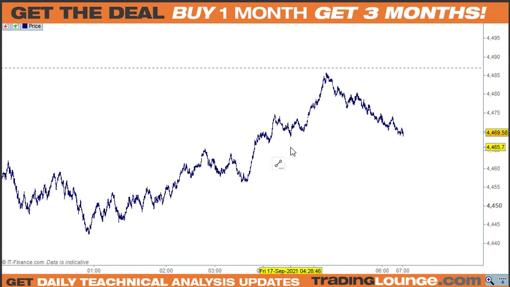I can see that we've got 1, 2, 3, 1, 2, 3, 1, 2, 3, 4, 5. So we've got 5 waves here. That's 5 waves to that point. So this is 1, 2, 3, 4, 5. That's 5 to there.